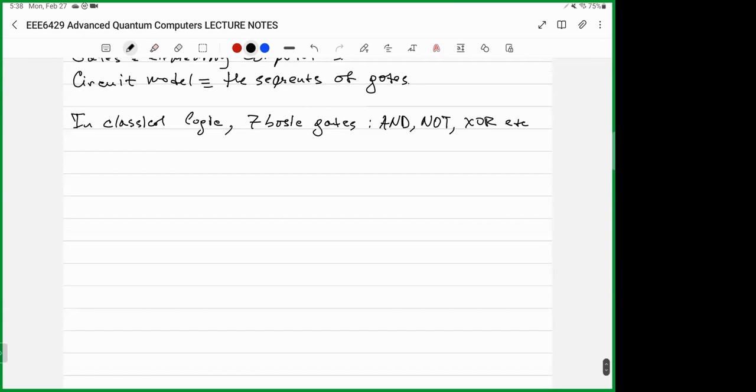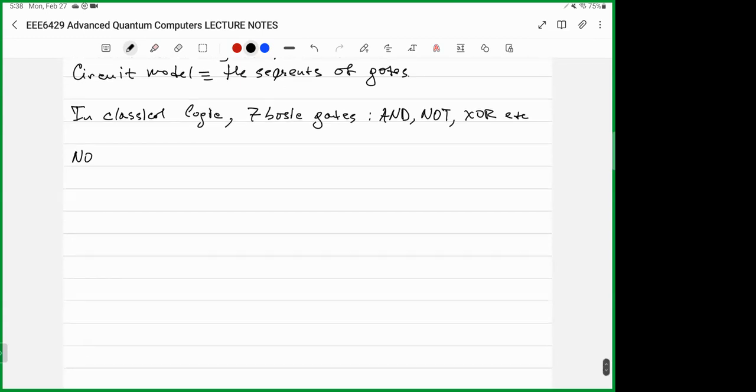And for example, this gate NOT. Let's consider this gate NOT. What does it do? This is a single input, single output gate, denoted by an element like this.